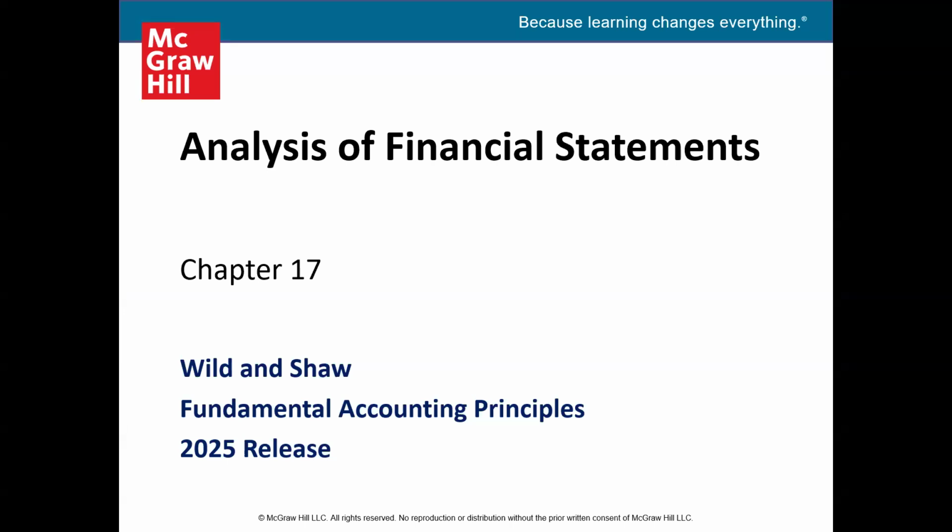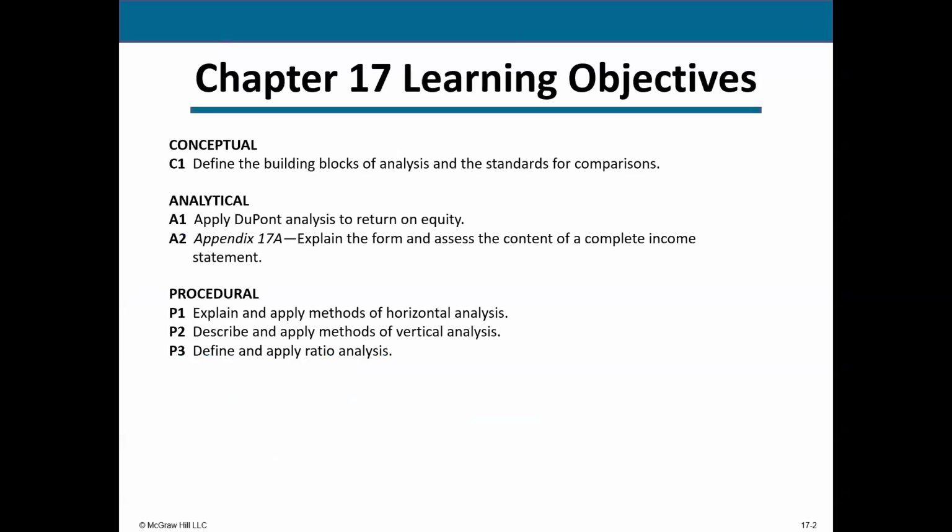Now, the first thing I want you to do is recall what the financial statements are, because it is so important that you know what the financial statements are and how we interpret them.